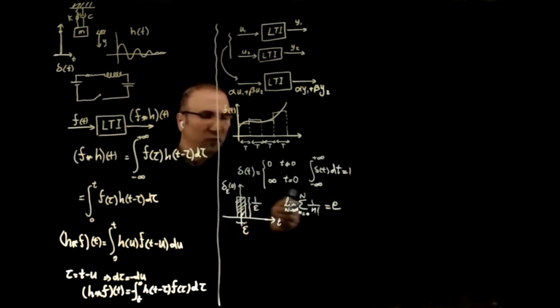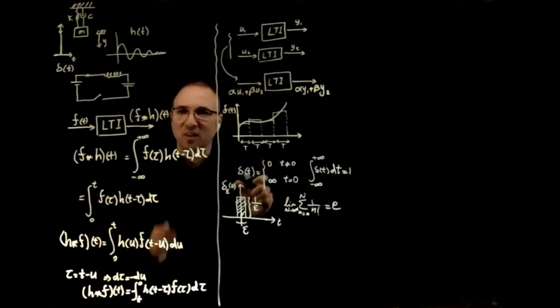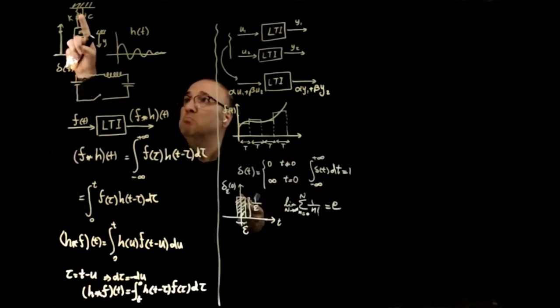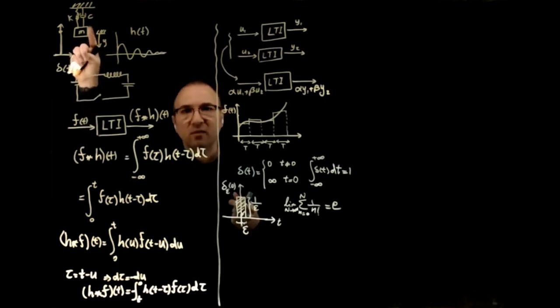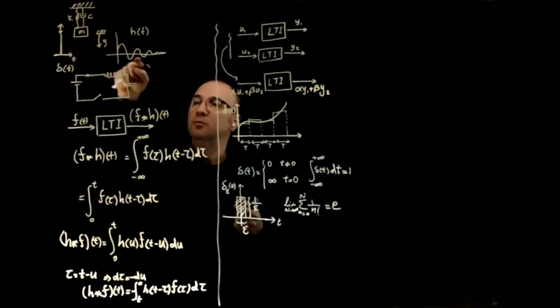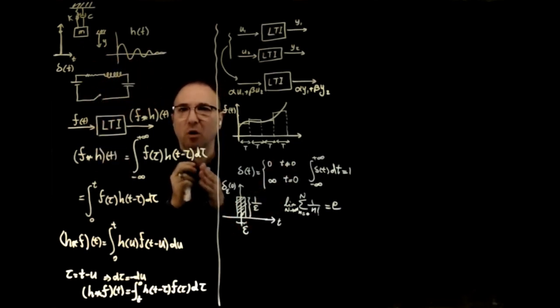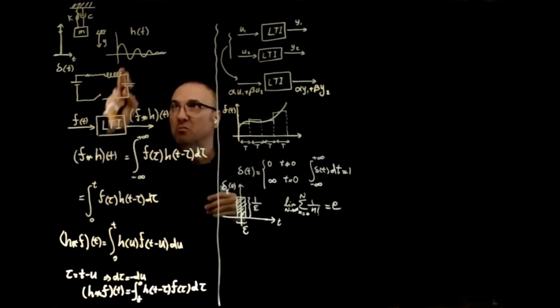So each time that we talk about a function, think about it as the limit of those functions. As a matter of fact, in the physical world, we can't have a Dirac delta function. This is a heuristic way that we solve things when we use it. Why? Because when I tap this system, it takes some time. But if I'm fast enough compared to the response, so let's say this whole thing is 10 seconds, and I have that tap happen in 1 millisecond, 1 millisecond compared to 10 seconds is infinitesimally small, or a width of 0.